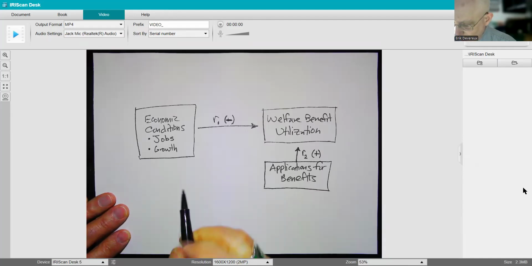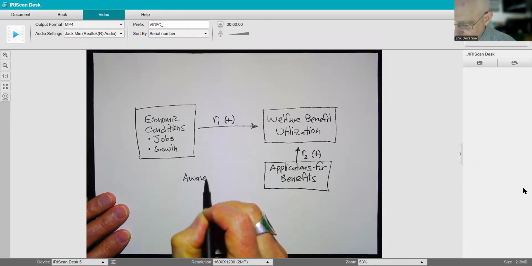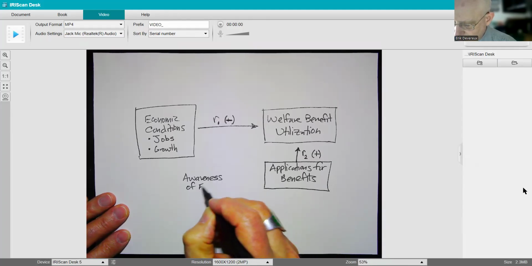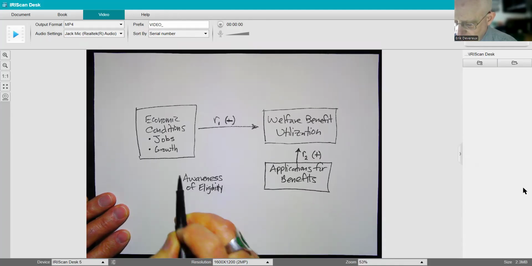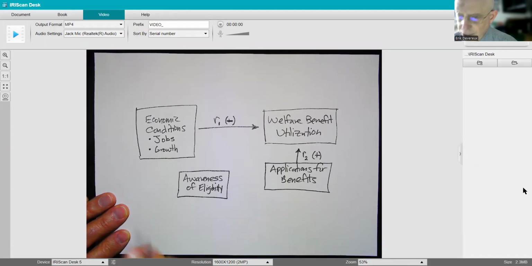So one of the things we can measure is awareness of eligibility. This is something that we can actually go out and find out. Do people know that they are eligible for benefits?